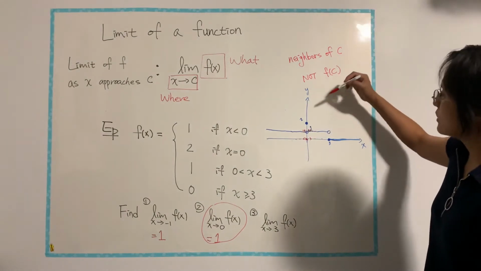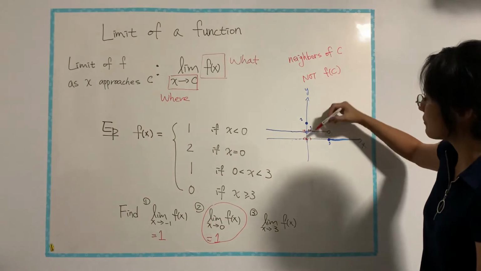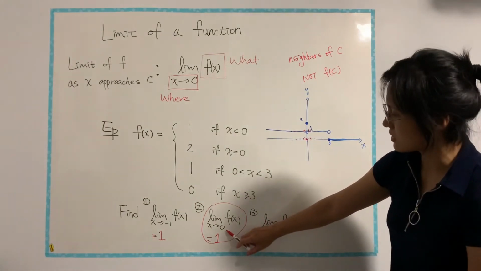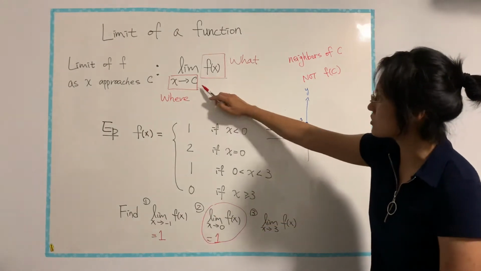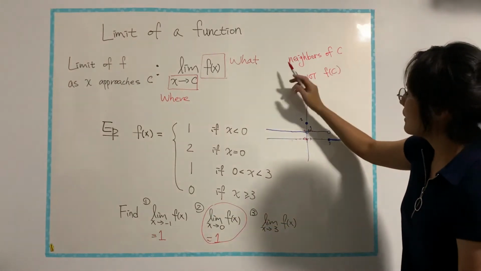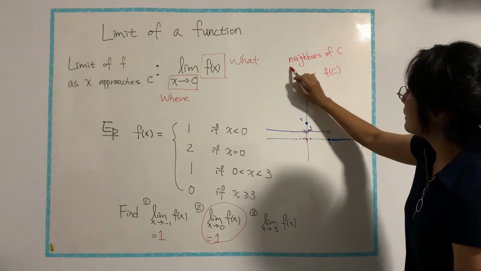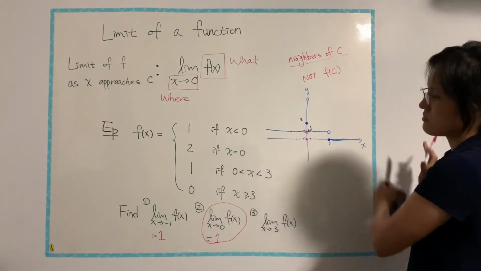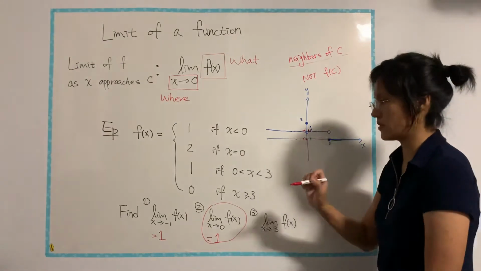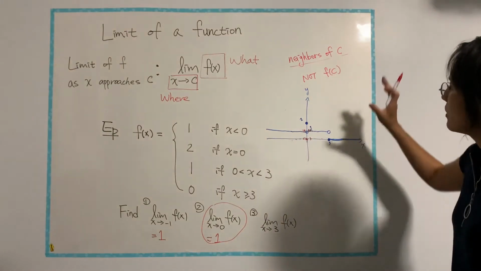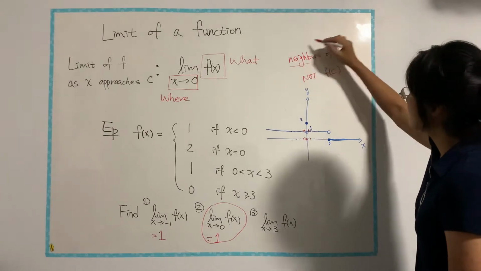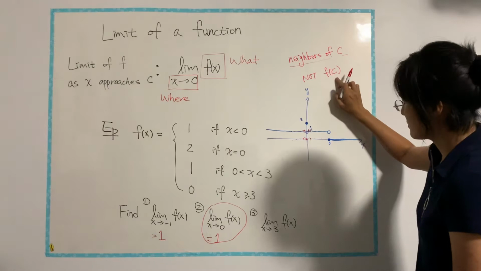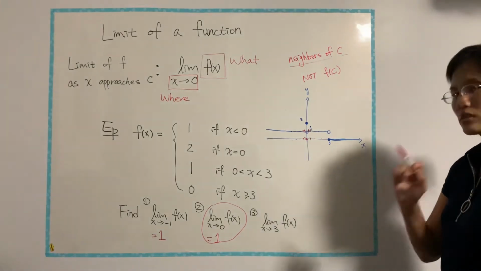So I do not care about the function value at c, meaning the 0 in this case. It's about the function values at the neighbors of c, both the left hand side of c and the right hand side of c. So this is very important. It's all about the neighbors, not about c itself.